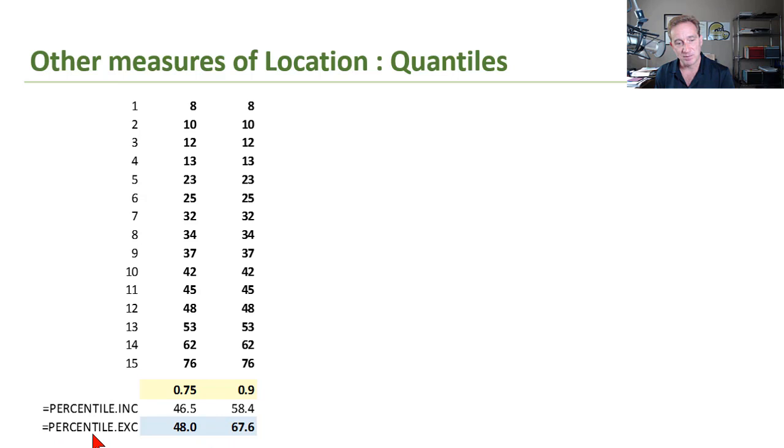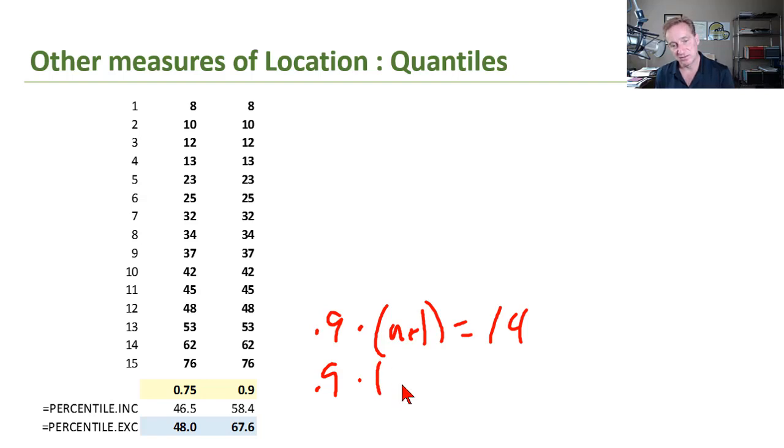But you can see when I applied PERCENTILE.EXC, or exclusive, I get the same result here, for the 75% and 90%. In this case, the 90th percentile is just 0.9 multiplied by my n plus 1, which equals 0.9 times 16 equals 14.4. And so then I'm interpolating between these two values, the penultimate value and the largest value of all.